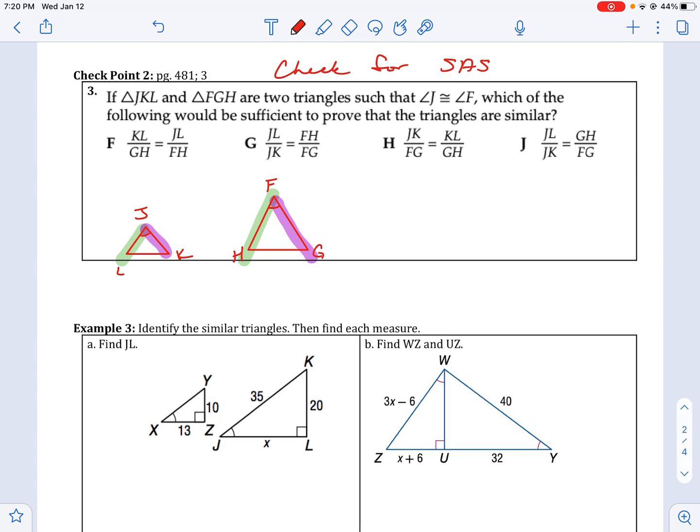So this one, does that have JL? It does. So does it have JK? No. So that doesn't help. That's saying that KL and JL, that's saying that these sides would be proportional. So that doesn't help me at all. That's a no. JL and JK, ooh, that's interesting. FH and FG, perfect. Those are the four sides I needed, so that's my final answer.